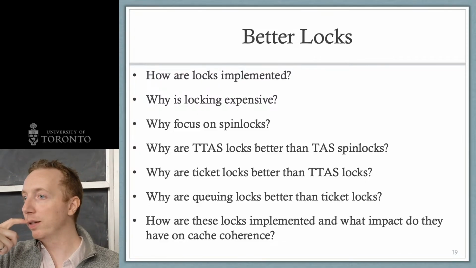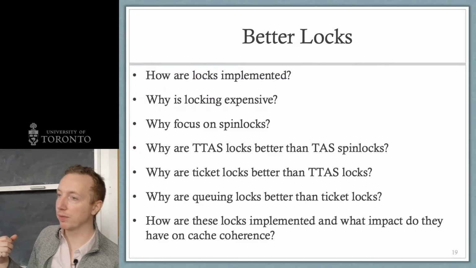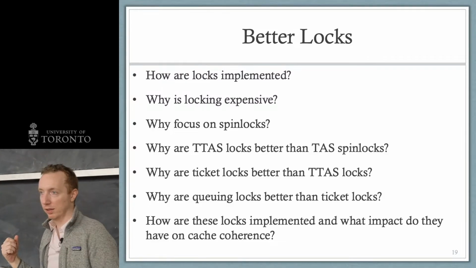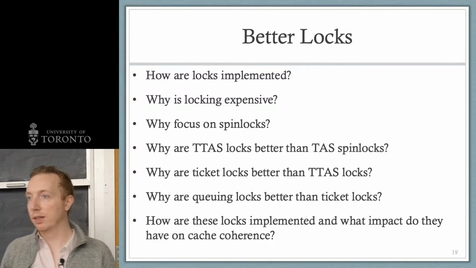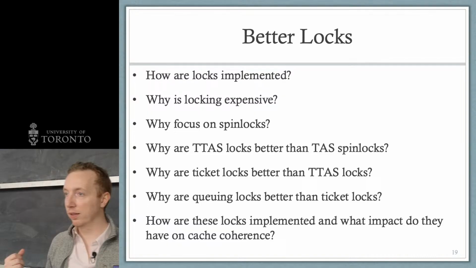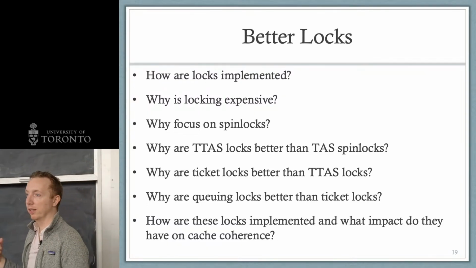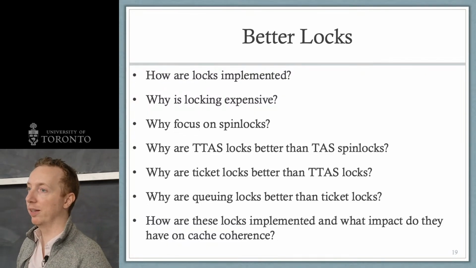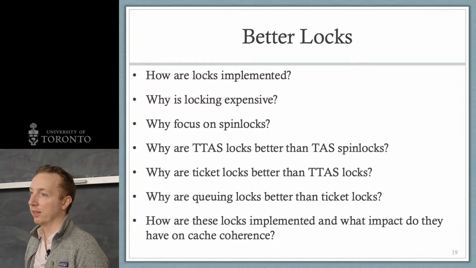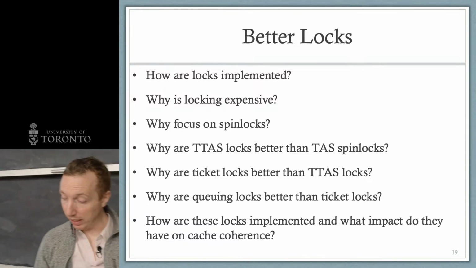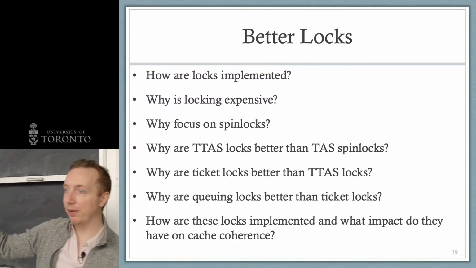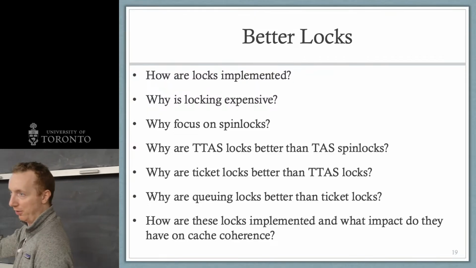Was that because with normal test and set, every time it tries, it's attempting to write, and that would cause it to ping pong between different caches of different cores? Yeah. If the test is just reading, it could exist as shared in both caches? Yeah, the difference is that test and set always invalidates all the caches because it tries to write.